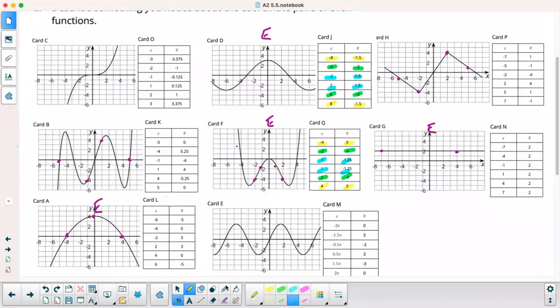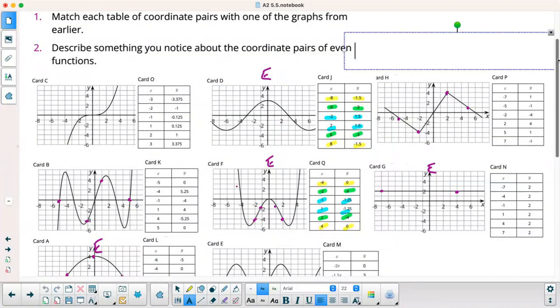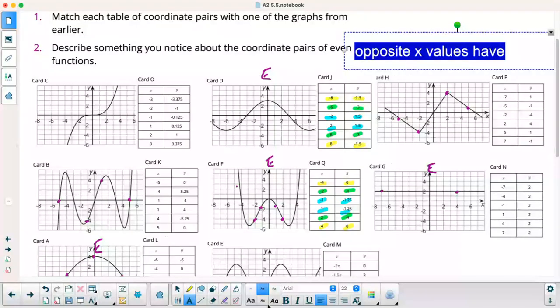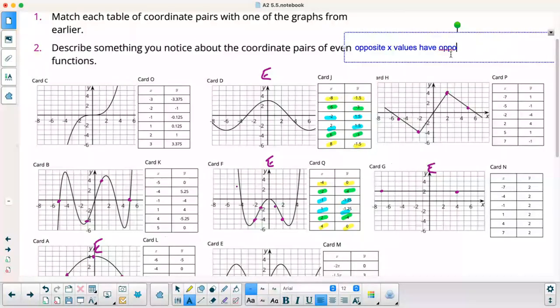So for number 2, that's just going to be what we talked about before, where we said opposite x's have the same y value. Sorry.